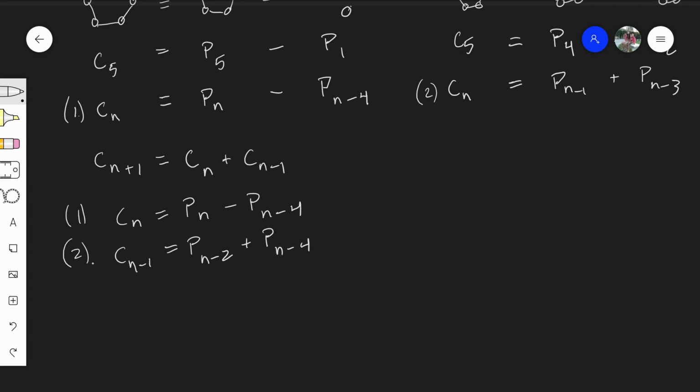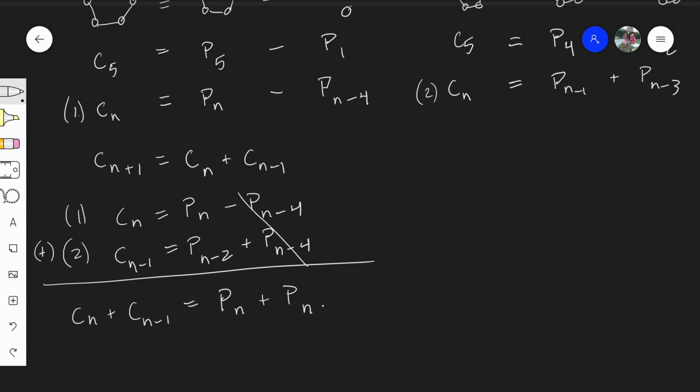And you can see when you add these two equations together, we have Cn plus Cn minus 1 is equal to, these two cancel out, Pn plus Pn minus 2. And we can see from equation 2 that when n becomes n plus 1, the cycle graph of n plus 1 is equivalent to Pn plus Pn minus 2.